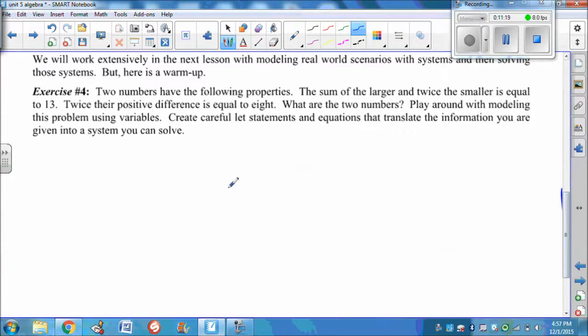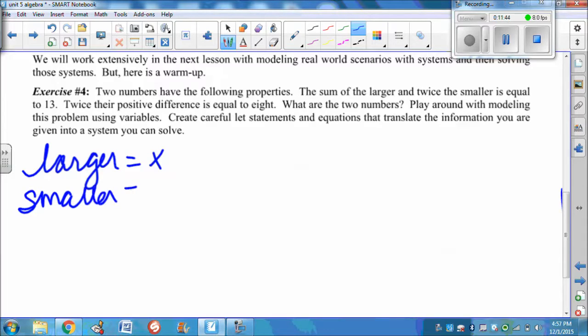And now this one, it's the same idea, but it's just talking about 2 numbers. It says 2 numbers have the following properties. The sum of the larger and twice the smaller is equal to 13. I probably would start off with a let statement. Let the larger equal x and the smaller equal y. The sum of the larger and twice the smaller is equal to 13.